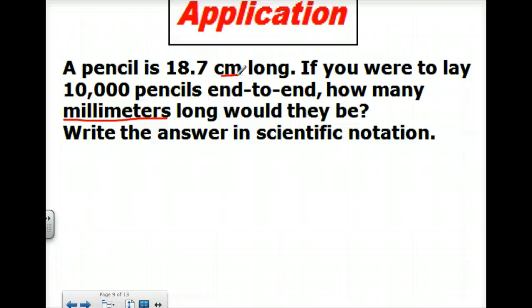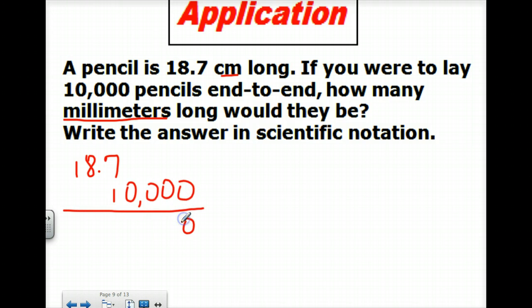First thing we are going to do is start by multiplying 18 7/10 times 10,000. Now notice, I'm going to offset these zeros, and when we offset zeros, we just bring them down, and now when I multiply by 1, how many digits come after the decimal point?